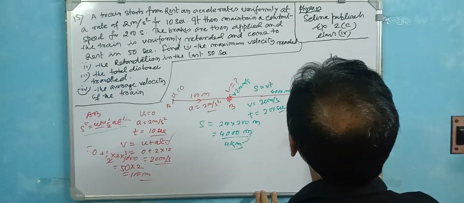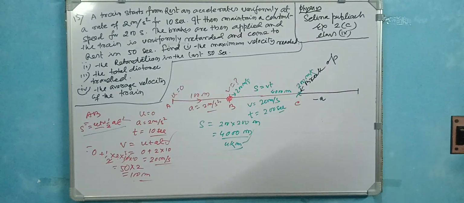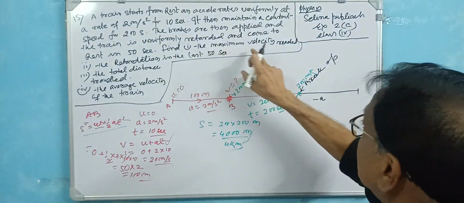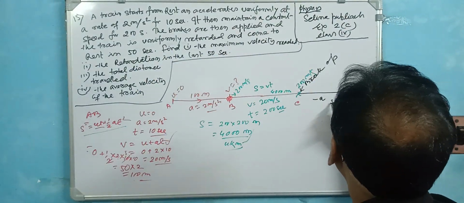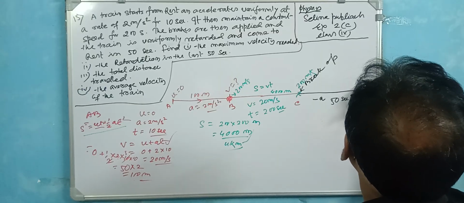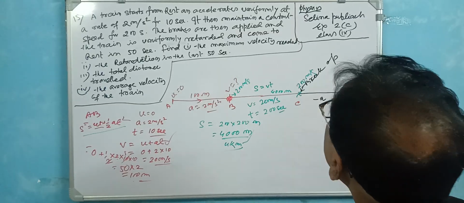Retardation, that means negative acceleration, develops. Then the brakes are applied and the train is uniformly retarded and comes to rest in 50 seconds. It took 50 seconds, and suppose this is D, so the final velocity is 0. Here U is 200.